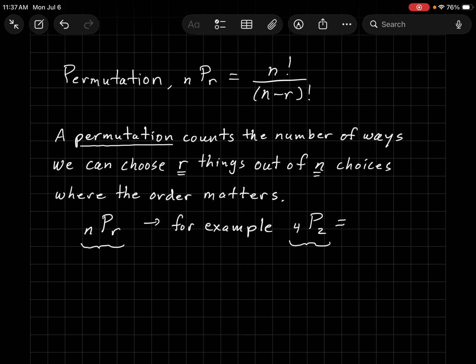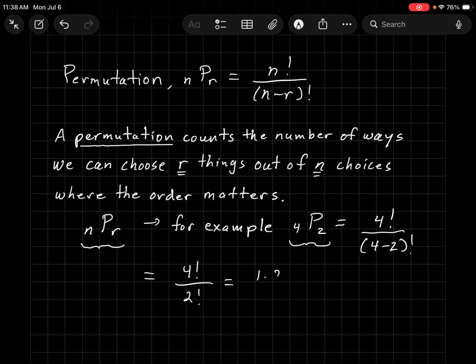So back to my example of 4P2, this is 4 factorial over 4 minus 2 factorial. And we're going to simplify this. So 4 factorial over 4 minus 2, which is also 2 factorial.